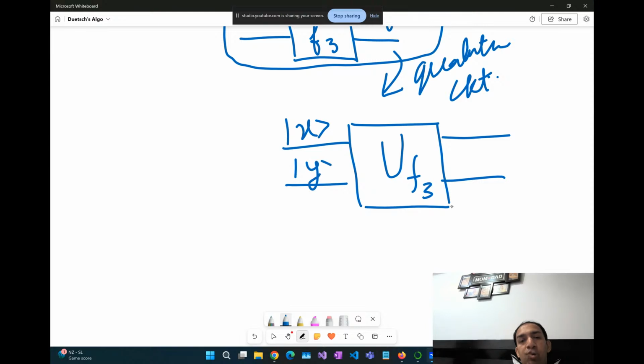In this, you will have input as ket x and ket y, but the output will be something like this. And we all know what y XOR f(x) is.